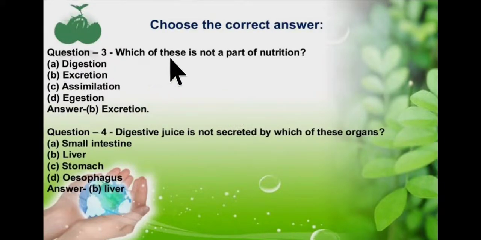Now, which of these is not a part of nutrition? That is, excretion is not a part of nutrition. Next, digestive juice is not secreted by which of these organs? That is liver, because liver produces bile.